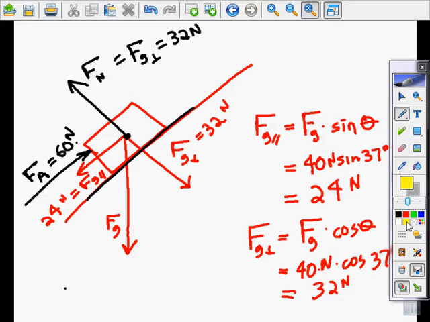So this Fg force, I could kind of cross out because it's being replaced by Fg perpendicular and Fg parallel. And remember, our whole goal is to figure out that velocity at the top.